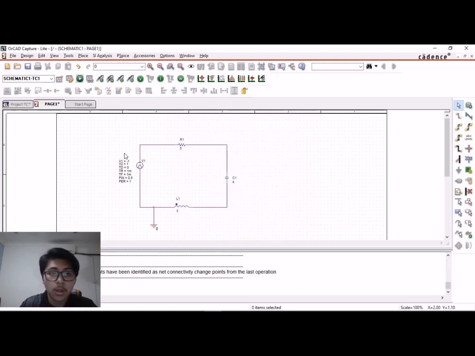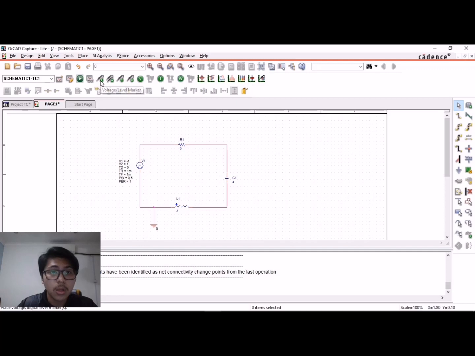Alright, all the values depend on your circuit, especially V1, the input, it depends on the input signal for your circuit. Right, finish all this, and then we need to measure all the parameters, which is the voltage on each component and/or the current on each component, and also the power.